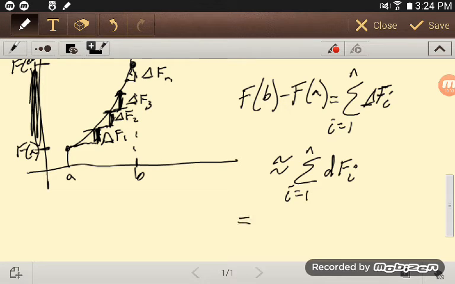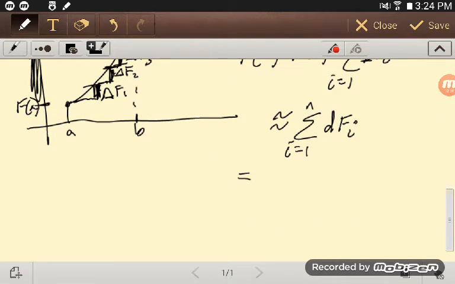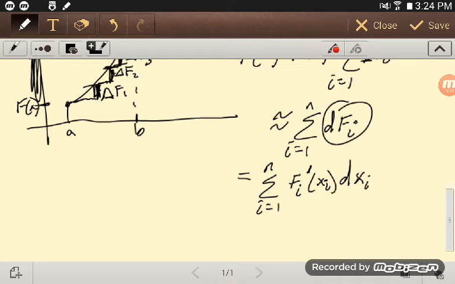And that is equal to the sum, i equals 1 to n, of that differential, that was F prime at some xi, times dxi. Again, each of these changes don't have to be the same size. We didn't have to move the same amount on the x. And remember, that's really just a delta xi, just a new name for it.